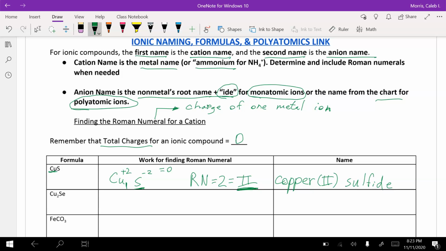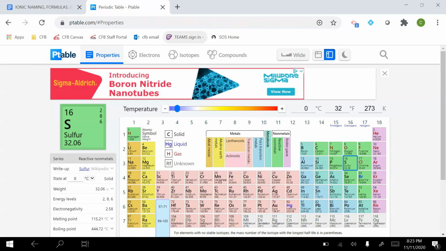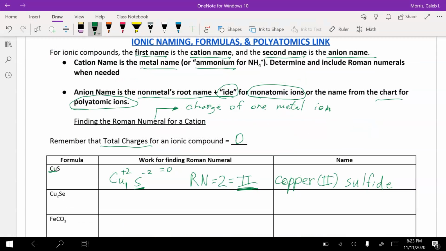Now let's look at selenium. Find selenium on the periodic table, the next one. It's in the same group, so it's still going to have a -2 charge. So Se has a -2 charge. And we have Cu with a subscript of 2.